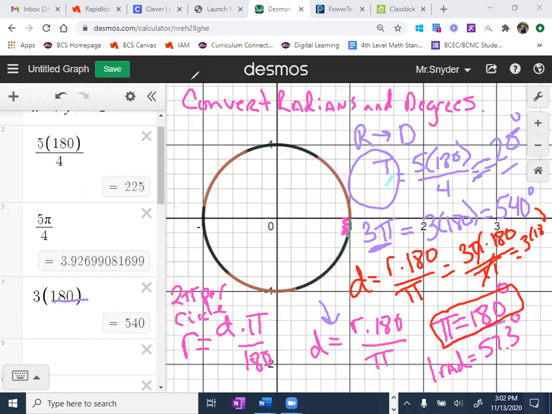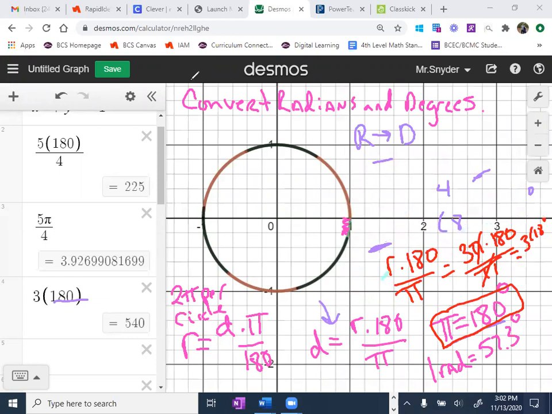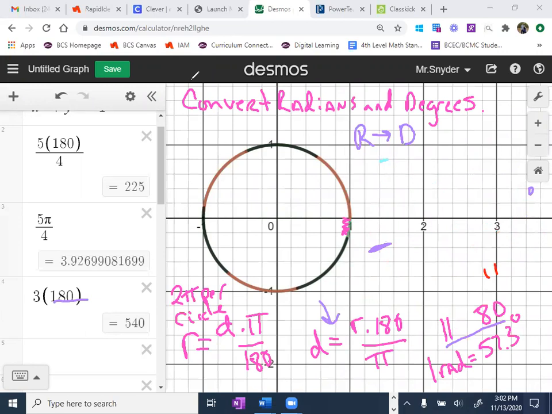Let's do just a couple more radians to degrees, and in the next video we'll do degrees to radians. Let's look at, not 3 pi over 2, let's look at 1.8 radians. So this time, let's say 1.8 radians. A lot of different ways we can do this. There's a few different ways.